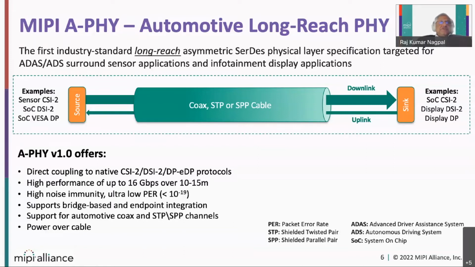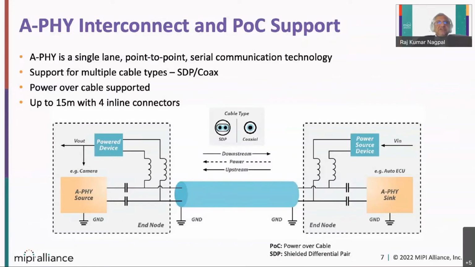This is a little more detailed, one layer down from my previous slide, showing how my A-PHY source and A-PHY sync are getting connected. This is your interconnect solution. We call this particular PCB the AND node PCB, and this cable can be shielded twisted pair, shielded parallel pair, or coaxial line.